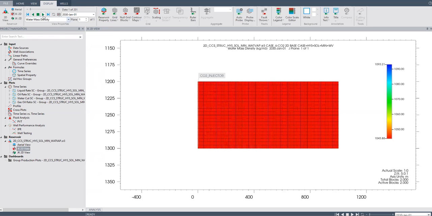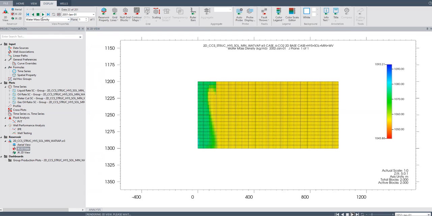We are already familiar with this, you can see this profile. As CO2 dissolves into the brine, the CO2-saturated brine will be heavier than the rest of the brine.